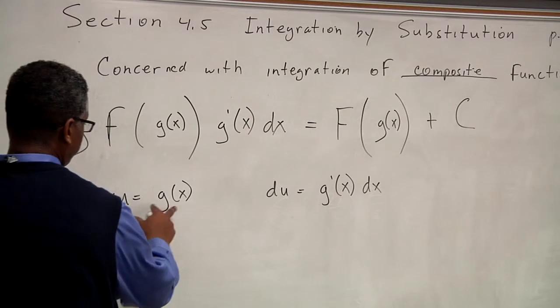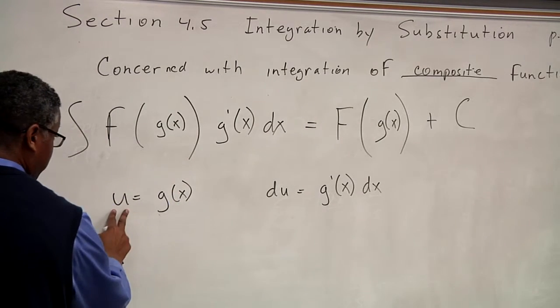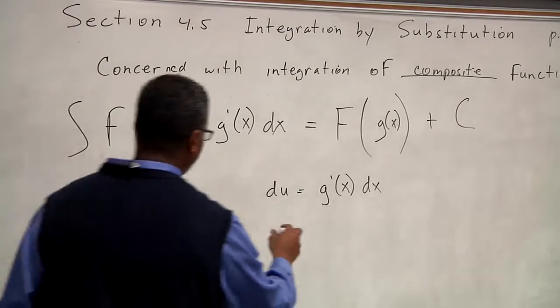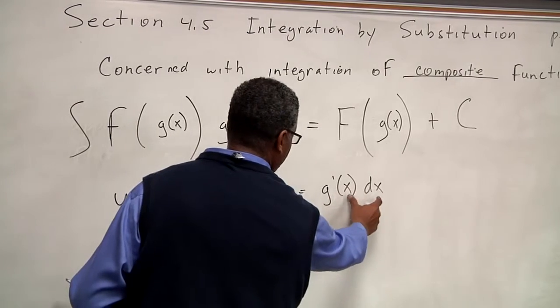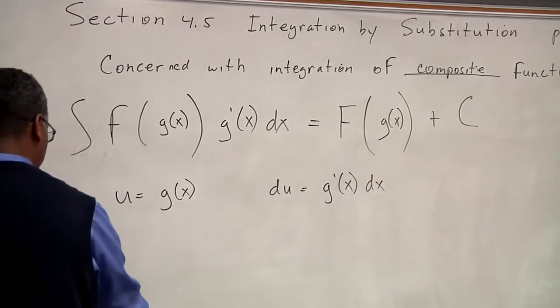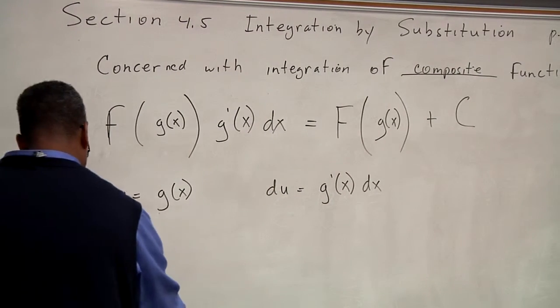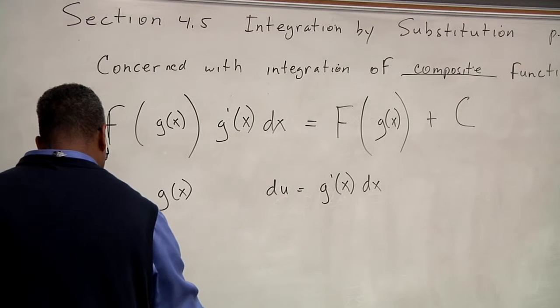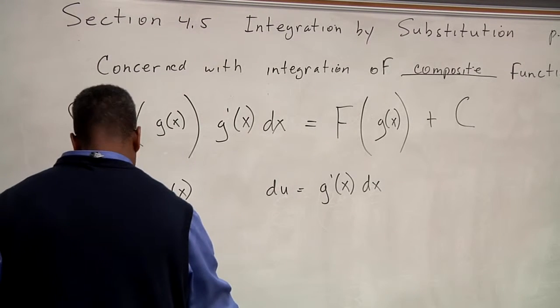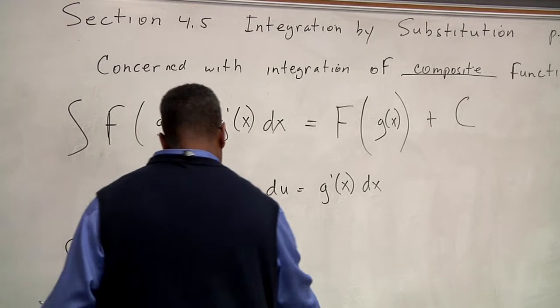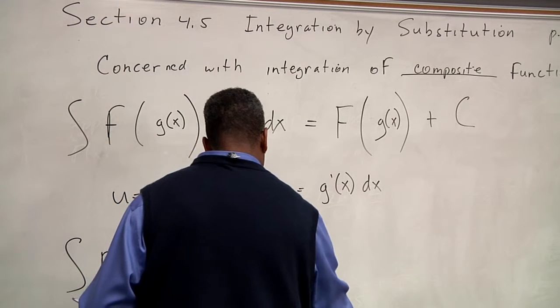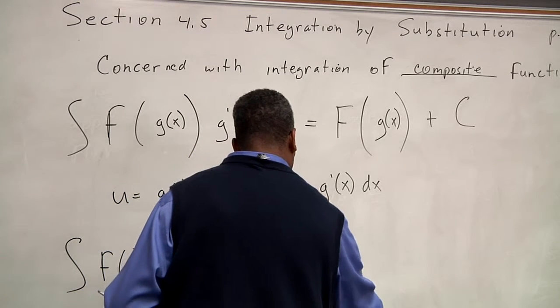Everywhere I see a g of x, I'm going to replace it with u. Everywhere I see a g prime of x times dx, I'm going to replace it with du. If you do that, you're going to get the following expression: the integral of f of u du equals capital F of u plus c.